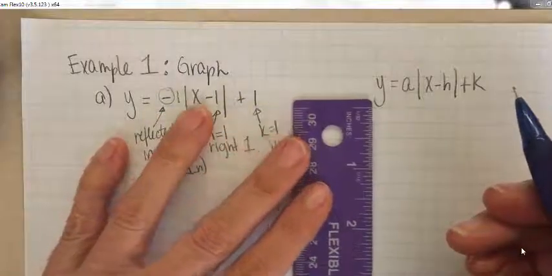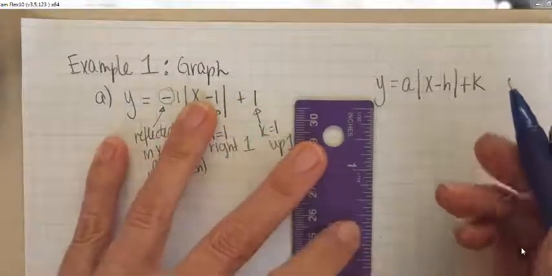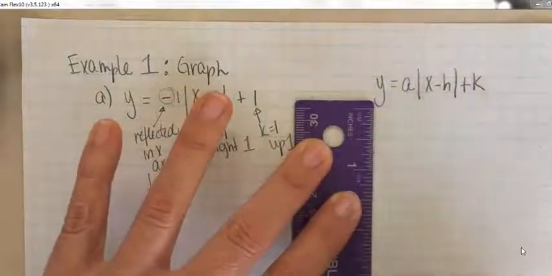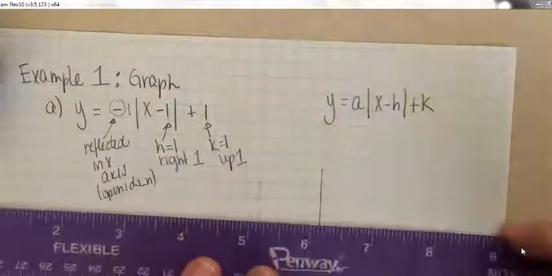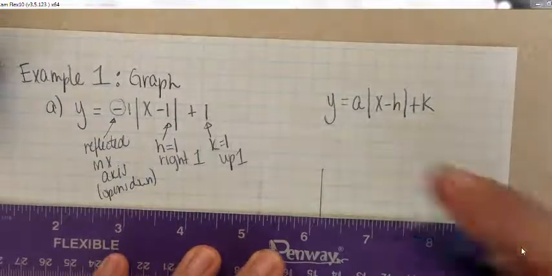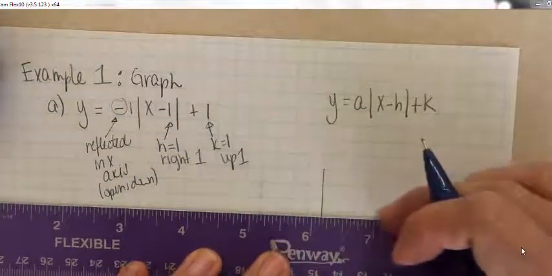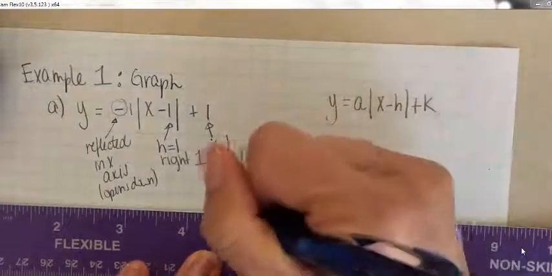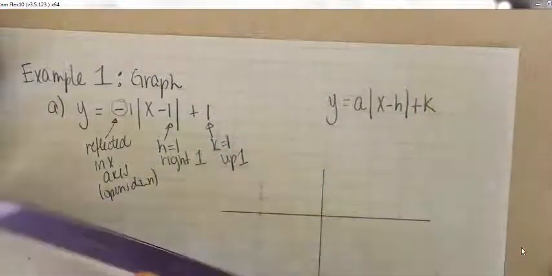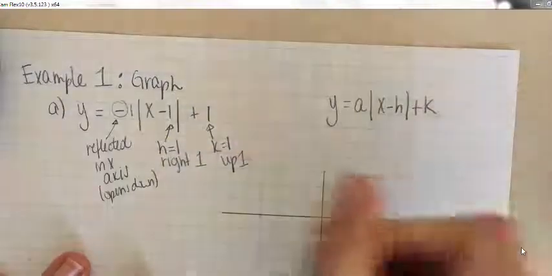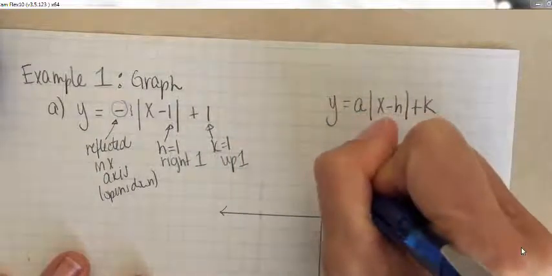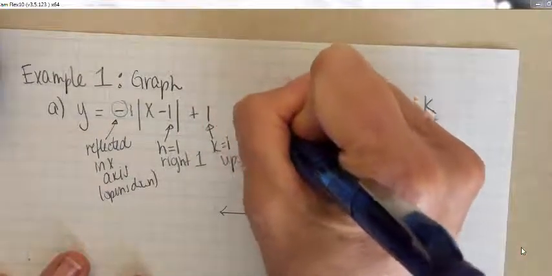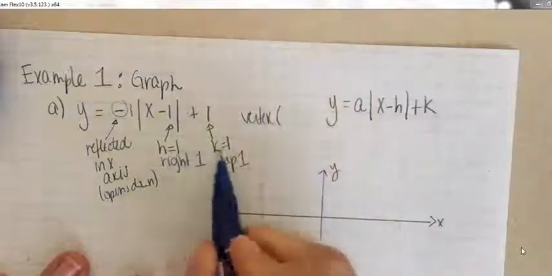So there's really no reason to make a giant input-output table. You should have a general understanding of what this graph looks like. I know it's going to open down, so I don't need too many positive y values because of the vertex, or the h, k. So our vertex is going to be at h, k, which is 1, 1.